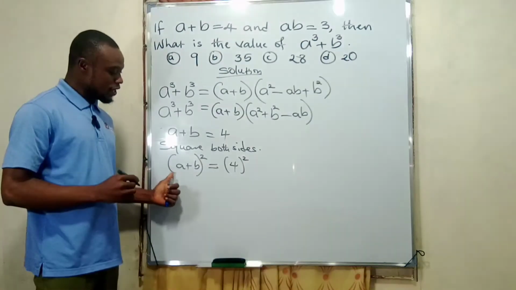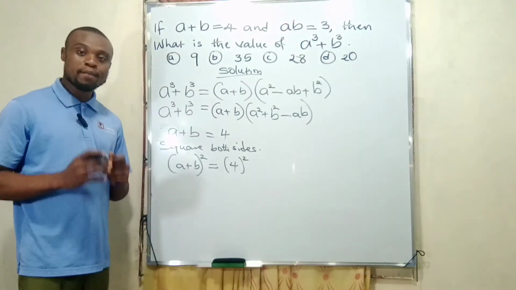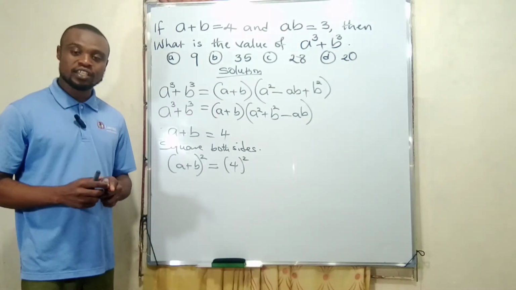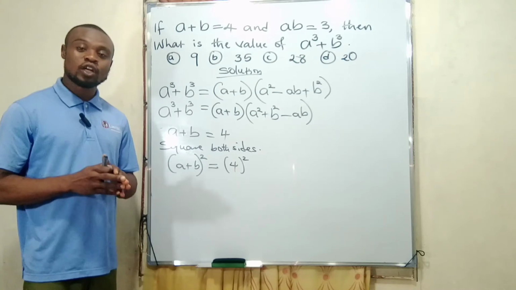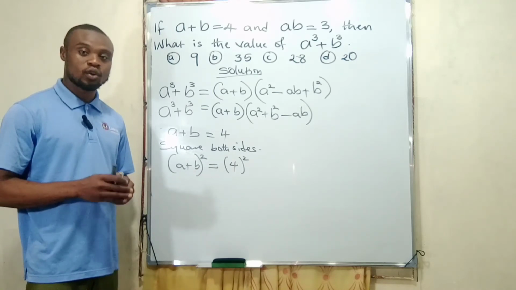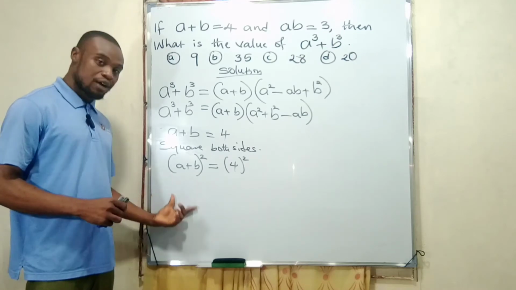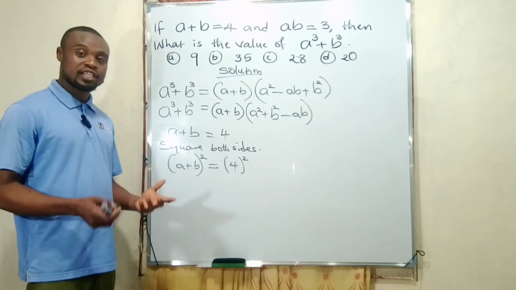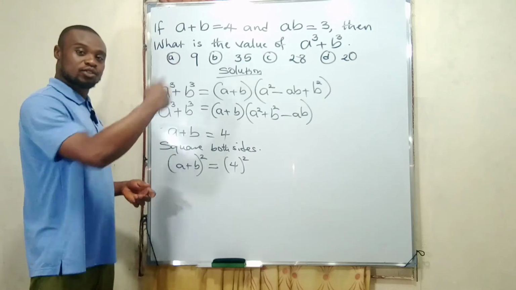Now, a plus b squared, if you remember what we did in our previous lesson, is called the square of a sum. Okay, so we are going to break this down and see where it leads us and apply it to solving this particular question.